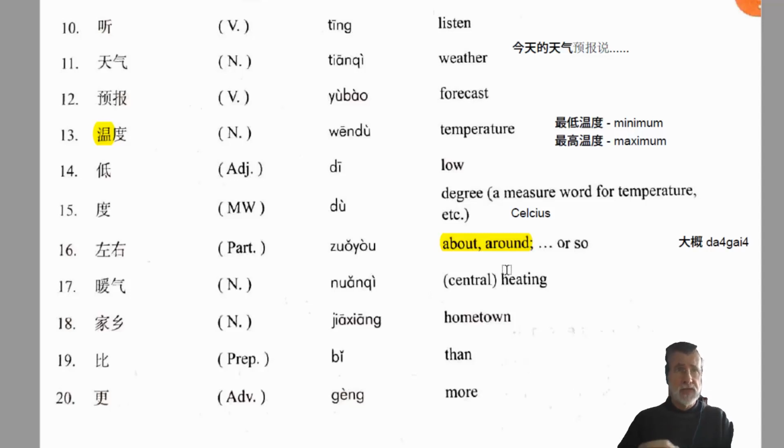Possibly not as much these days, but certainly in the old days, whenever you had a block of apartments, quite often there would be a central boiler room down in the basement, and that would pump heat through hot water pipes throughout the whole building. So the heating was central in that sense.